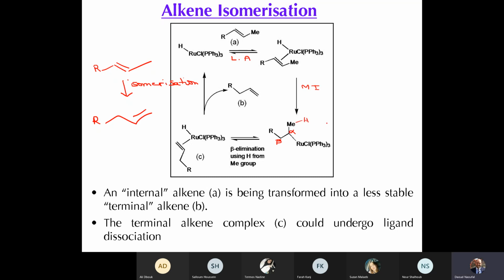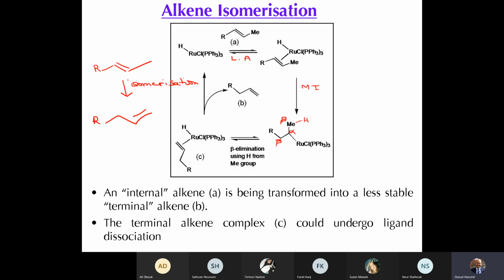The inverse of the migratory insertion is the hydride elimination. If we have beta hydride elimination, we obtain this. This is beta position and this is beta position. So we have the possibility to eliminate this hydride.